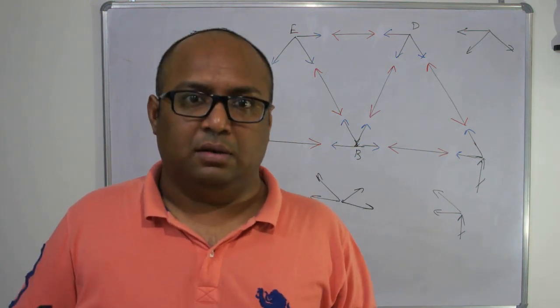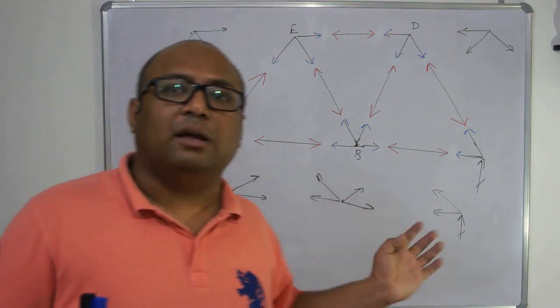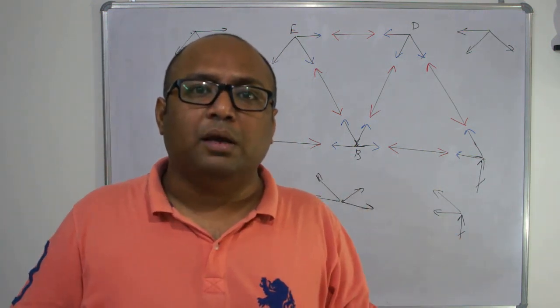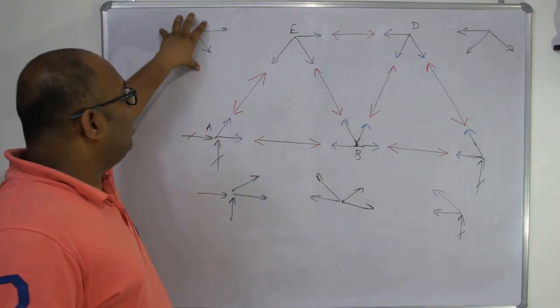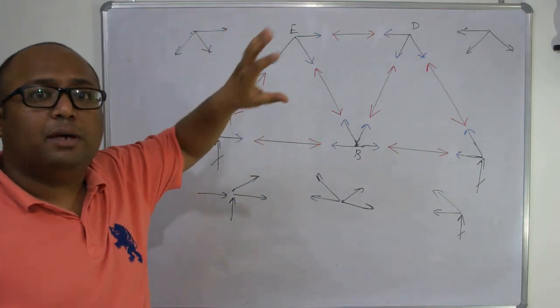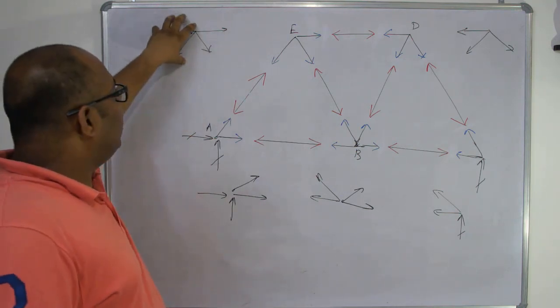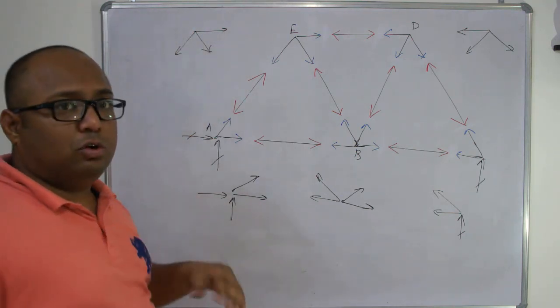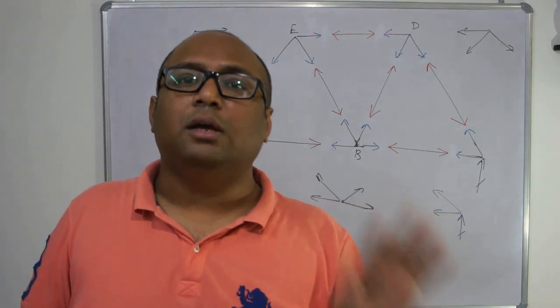Just follow one. In this sign convention, I am assuming that all the members are in tension, and whenever you are solving by the joint method, you will put the arrow in such a way that it moves away from the joint, away from the pin, along the member.